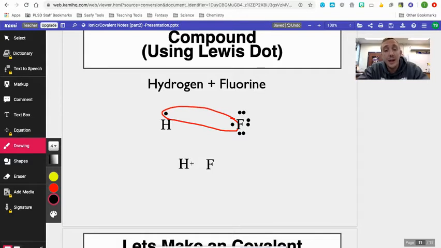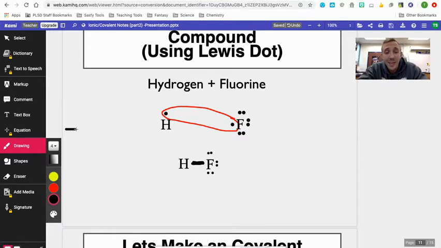I'm going to put hydrogen's electron here just because it will be closer to fluorine. It's easier to draw. And fluorine's lone pair is also going to be closer to hydrogen. They want to share these electrons, so we show a bond here. We draw it with a line that's showing they're sharing these electrons.